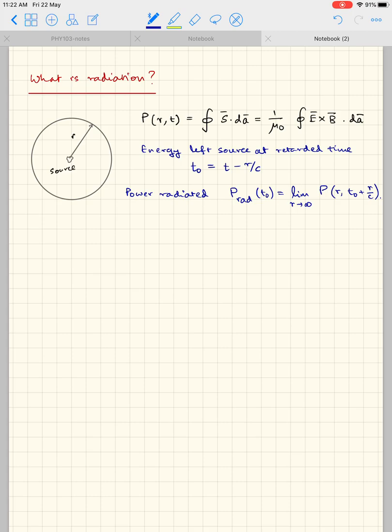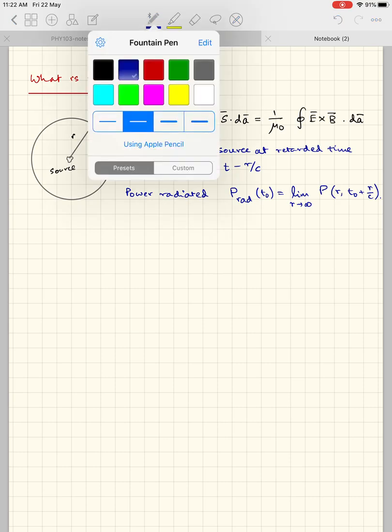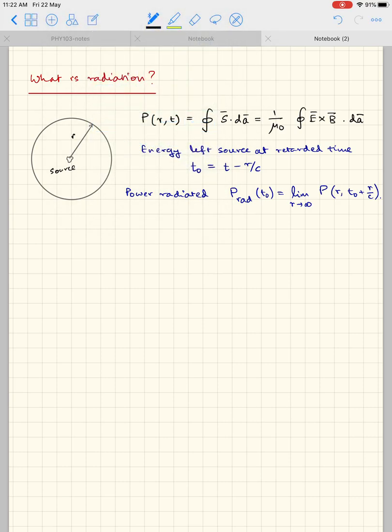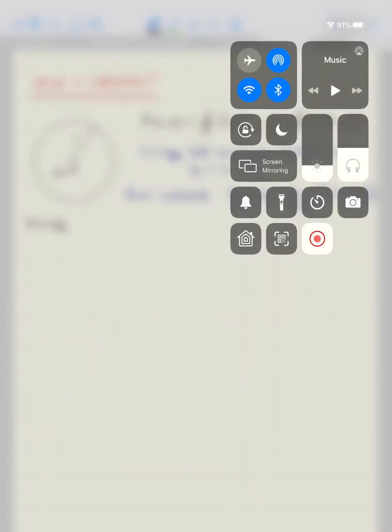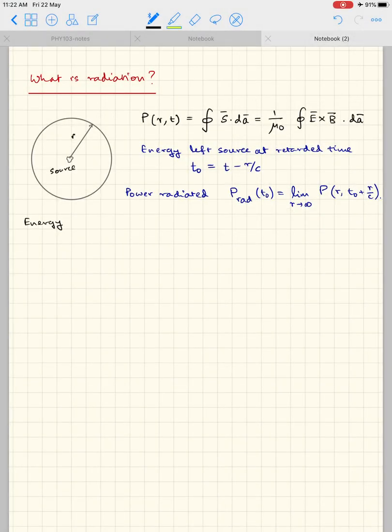So this is the energy per unit time that is carried away, never to return.